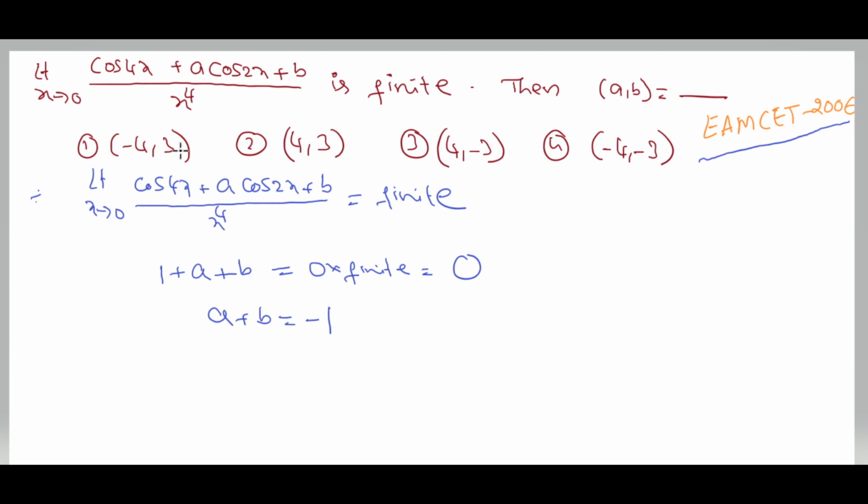Substituting first option minus 4 comma 3, verify the first option, minus 4 plus 3 is equal to minus 1. This is satisfied, so the first option is the correct answer. Second option 4 comma 3, 4 plus 3 is 7, this is not satisfied. 4 comma minus 3, this is not satisfied. Minus 4 comma minus 3, this is also not satisfied. So a value is minus 4 and b value is 3. That is the answer.